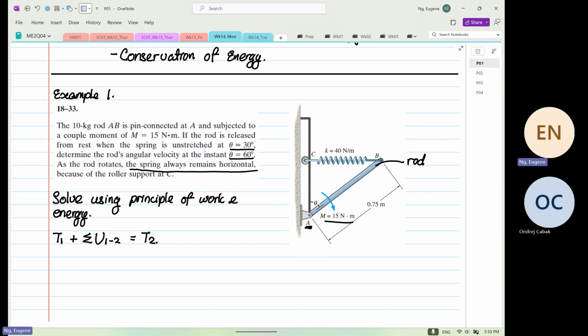So first we define T1, or when theta is equal to 30 degrees.